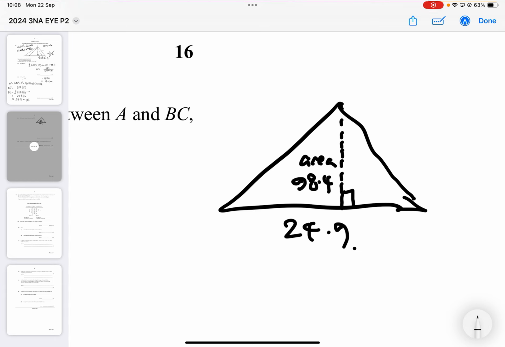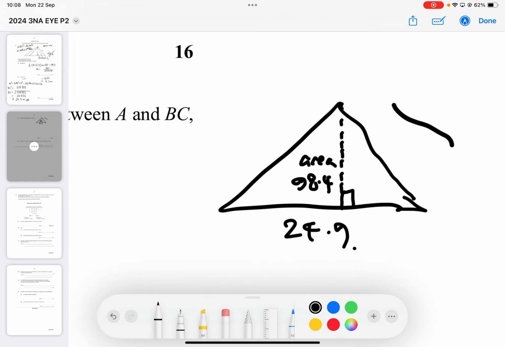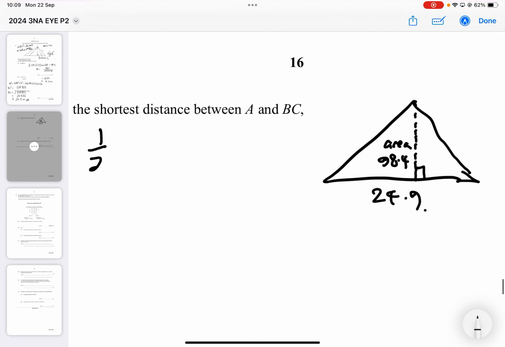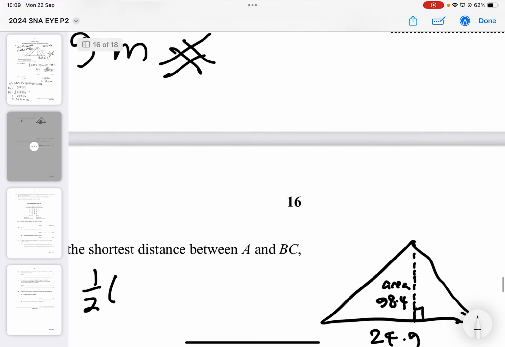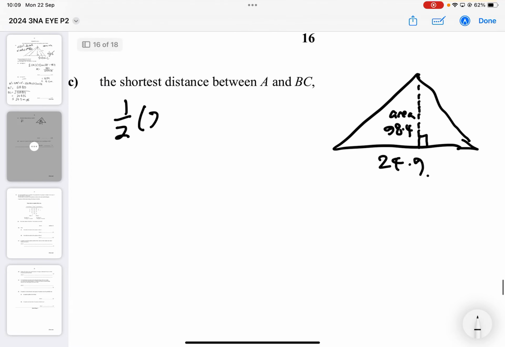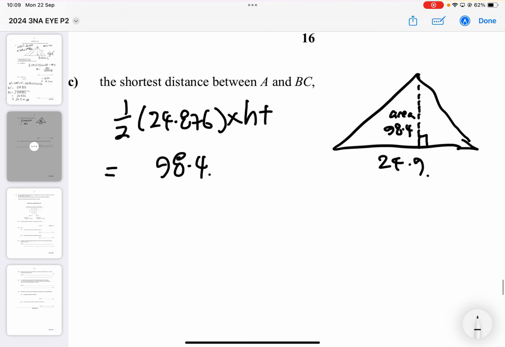I know the base, I know the area, I can find the height. Okay? This is what is happening. So, half times base times height will give me 98.4.